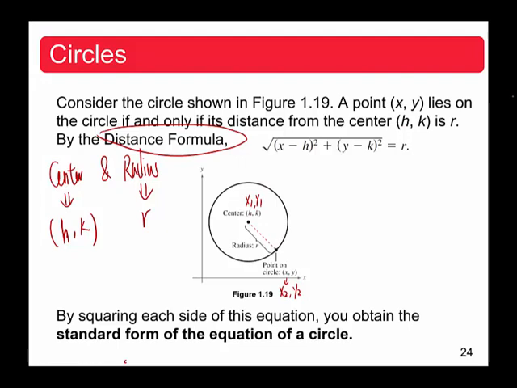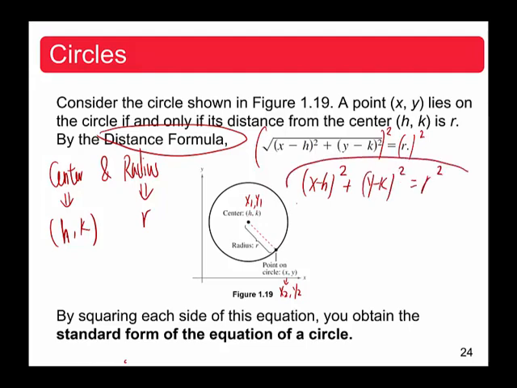Then you square both sides of the equation, and you get (x minus h) squared plus (y minus k) squared equals r squared. So by squaring both sides, we get the standard form of the equation of the circle.